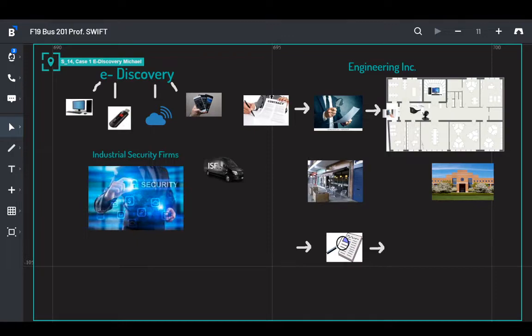ISF also ran a background check on the suspect. And finally, ISF put a GPS tracking device on the employee's company-owned vehicle. At this point, ISF is holding a personal investigation against the suspected employee.